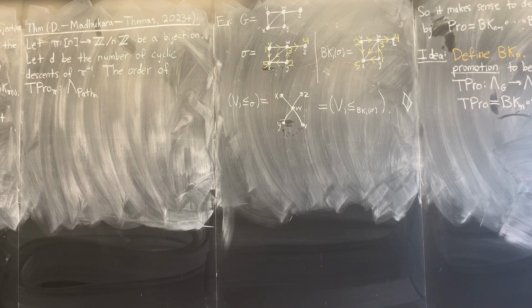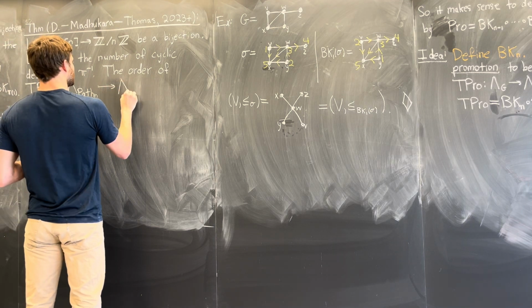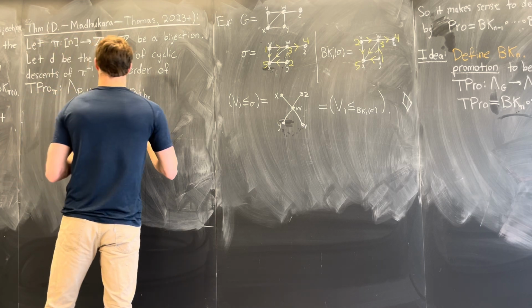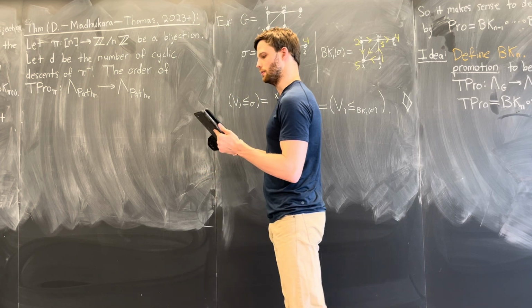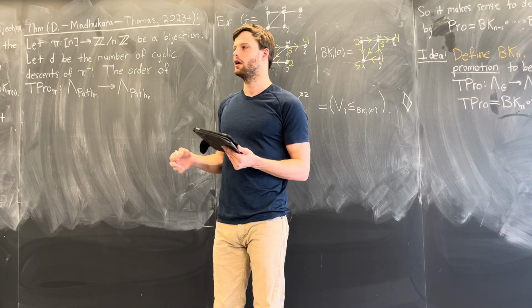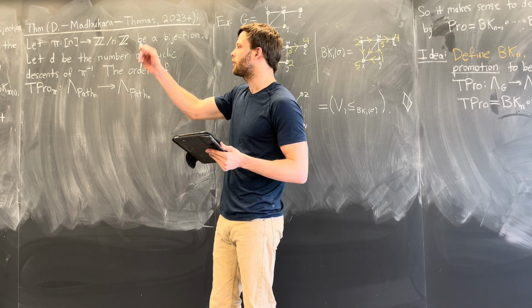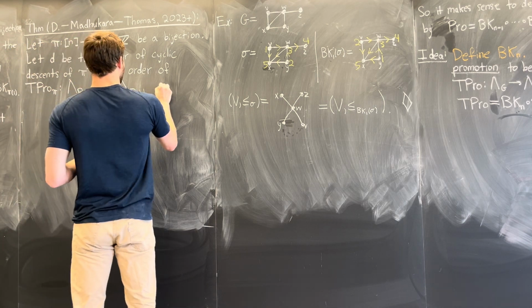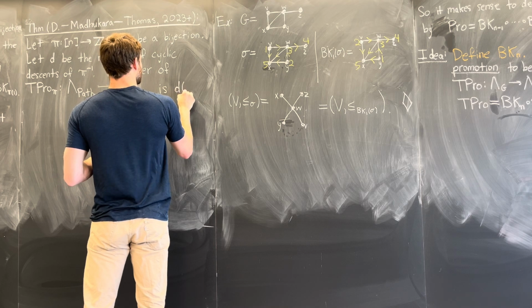Here we only look at the path graph, but even just the path graph is pretty complicated. So we're going from labelings of the path graph to themselves. Labelings of the path graph are basically permutations, right? You think of this as the one-line notation of a permutation. So we showed that the order is d times n minus d.